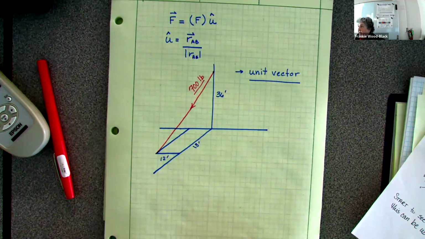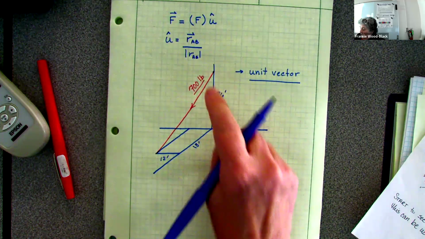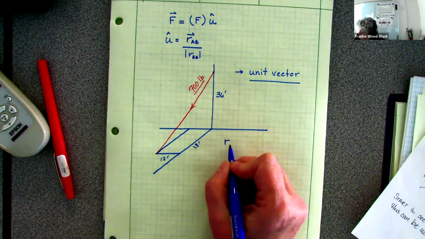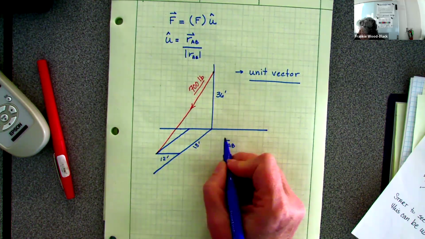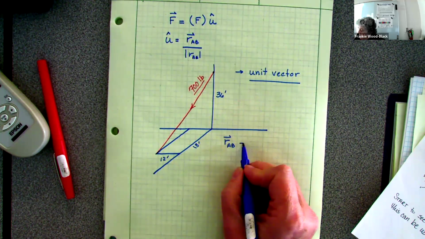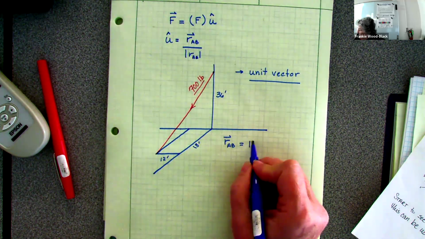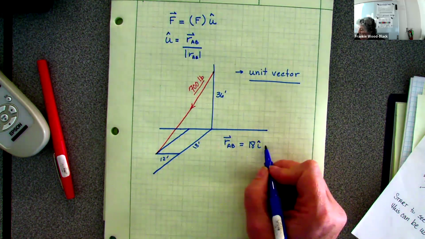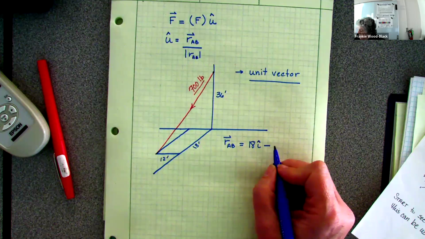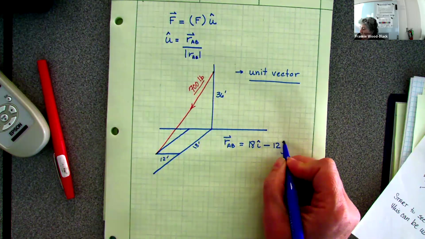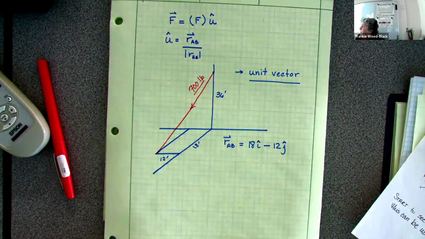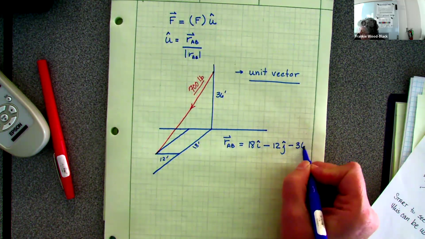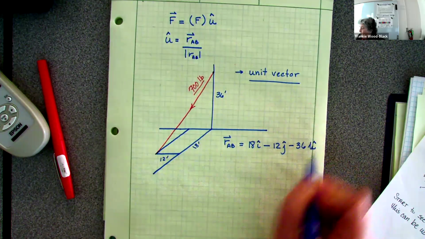Well, that's easy enough, right? My RAB is 18 in the I direction minus 12 in the J direction. We're going downward in the Z direction, so this is a minus 36 in the K direction.